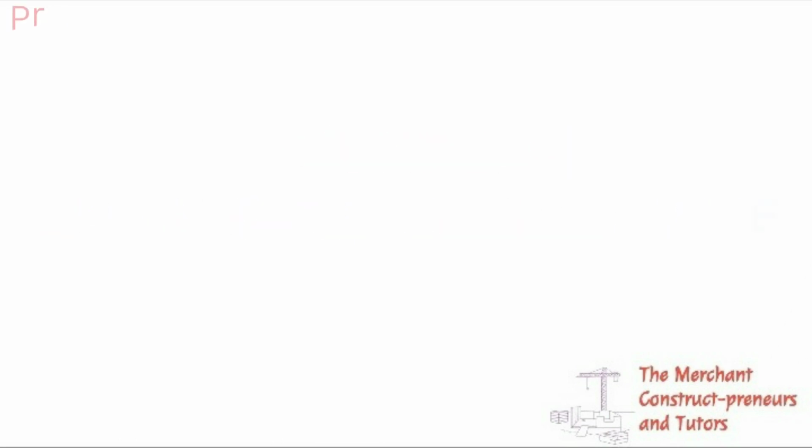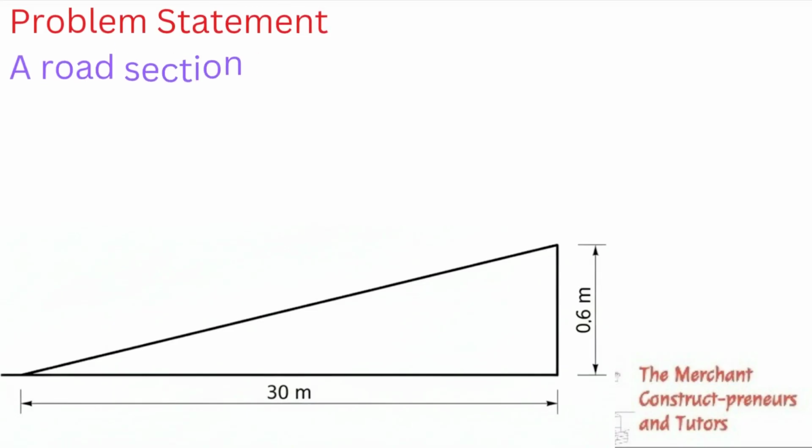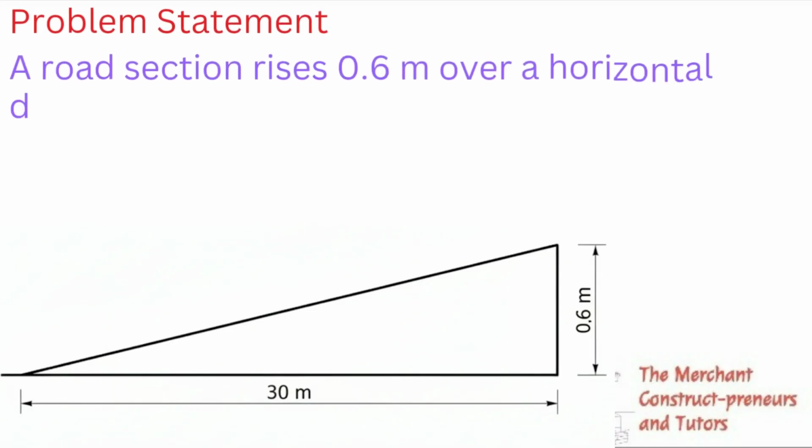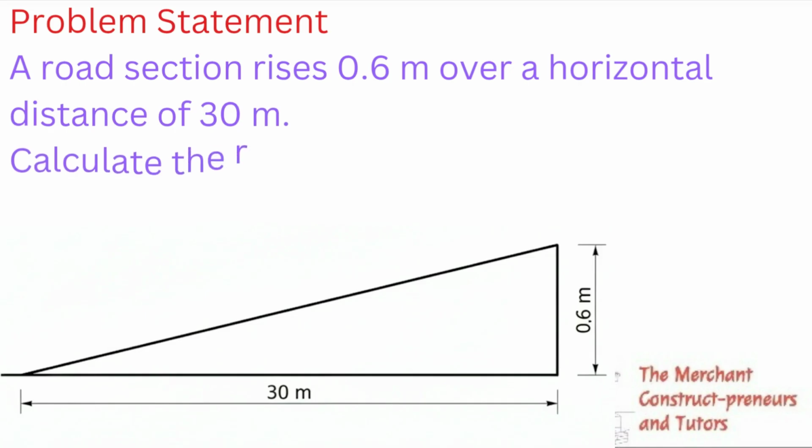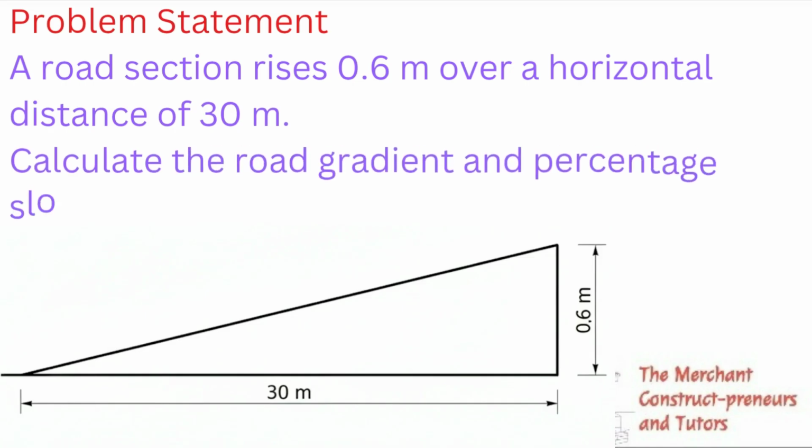Okay, so the next one is example 2, road longitudinal slope. We know the first one was about a roof. Now this one is about a road. The problem statement states a road's cross section rises 0.6 meters over a horizontal distance of 30 meters.